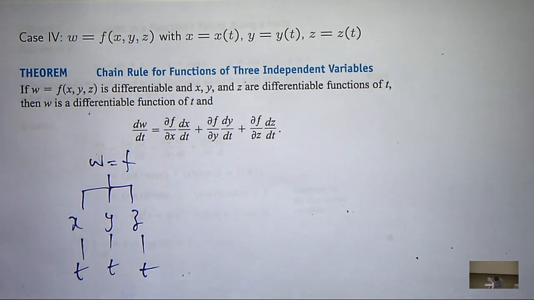I can derive any chain rule just from a picture. Easy. Okay? Just work your way down to the t's. Go down each branch. When you go from letter to letter, form a derivative and add everything together. That's it. Okay?